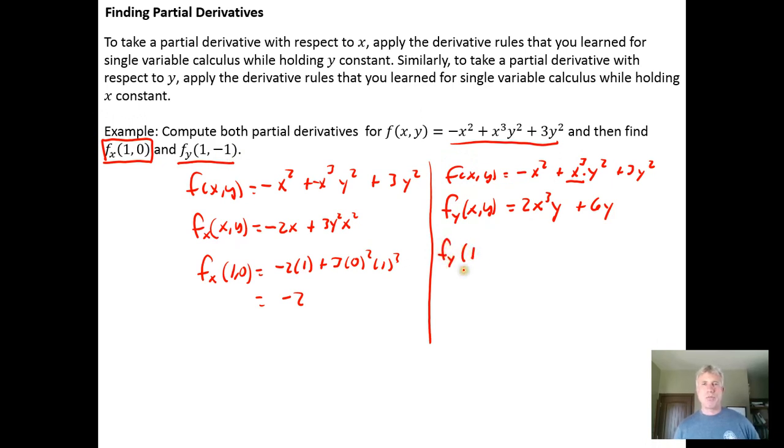So if I want to know the derivative when x is 1 and y is negative 1, I just pop those numbers in. So 2 times 1 cubed times y plus 6 times y, where y is negative 1, and then simplify. Here we get a negative 2 minus a 6, which is a negative 8.